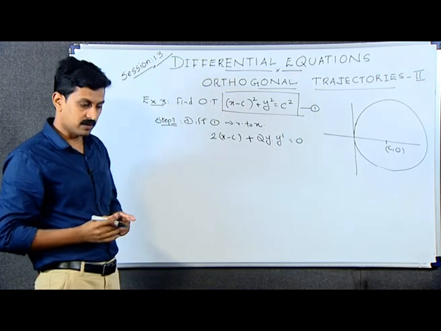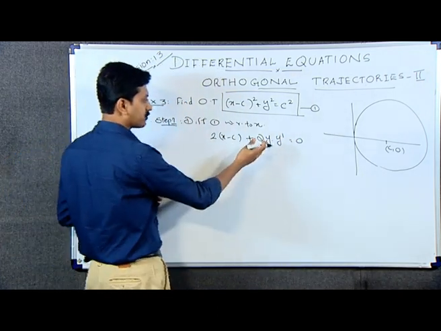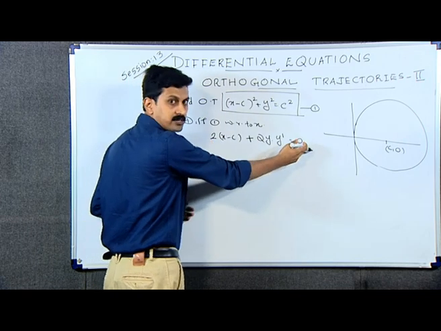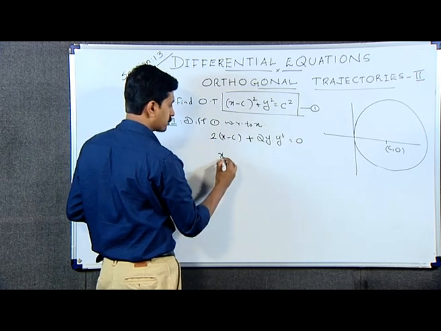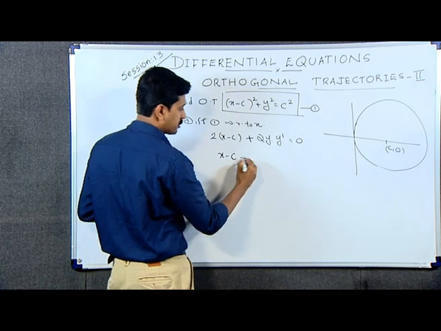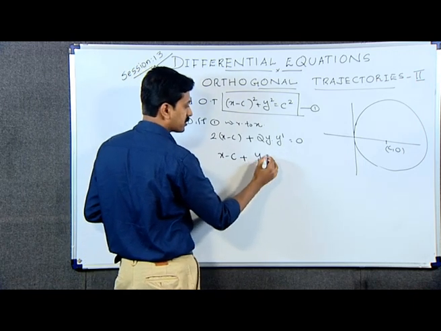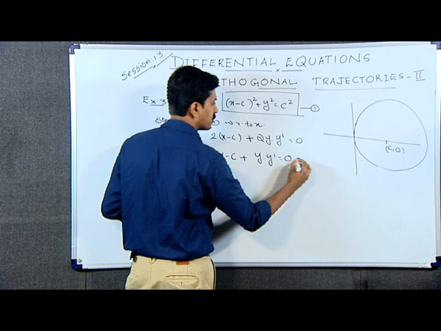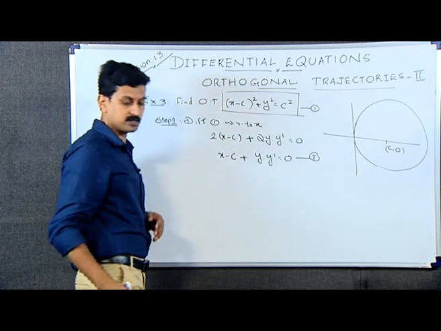We have 2 on both sides, so taking 2 outside, we will have (x minus c) plus y y dash is equal to 0. I am taking this as equation number 2.